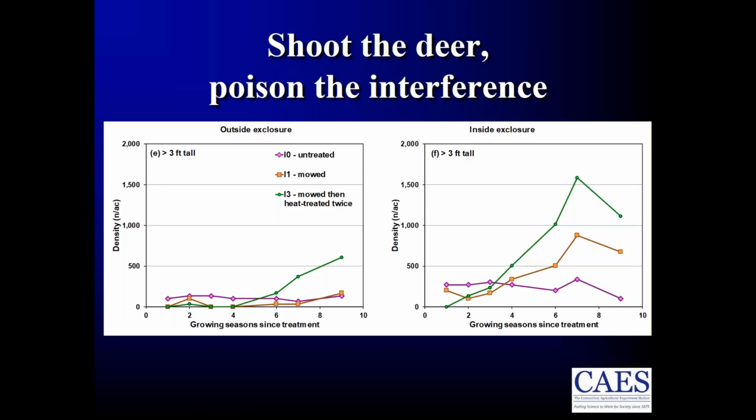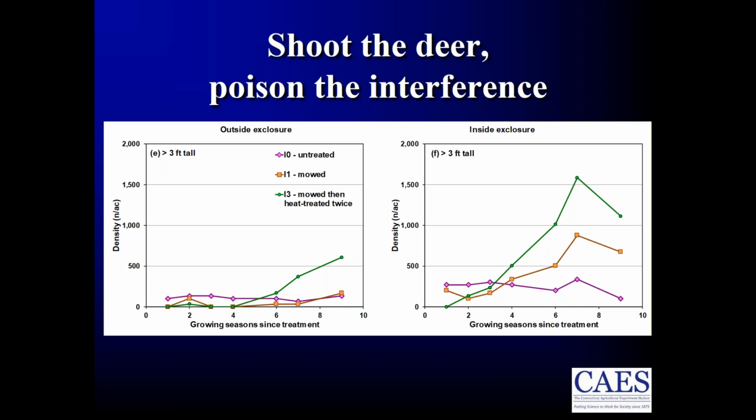So I think this is about the last graph I'm going to show you, from a study where we looked at both controlling invasives and controlling deer. If you look at the one on the left where it says outside exclosure, the purple diamonds show roughly 100 stems per acre that were 3 feet high or taller.